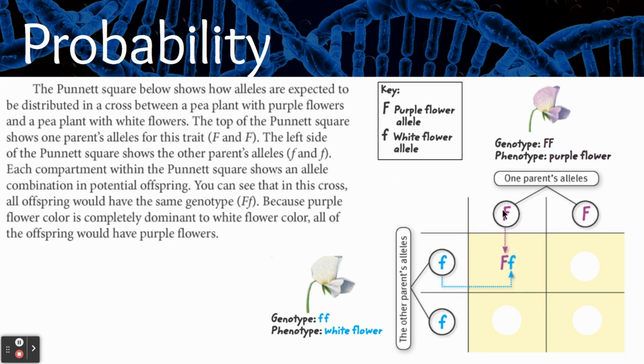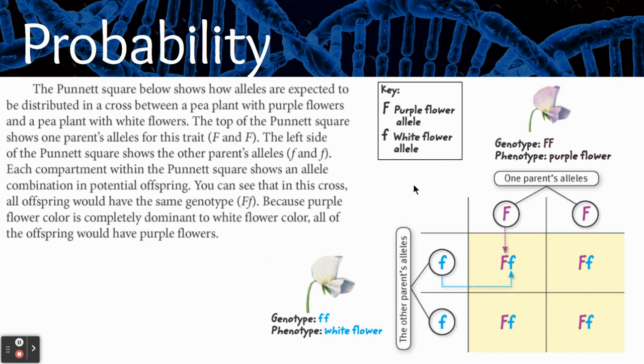We're going to take the letters and combine them together. They could inherit this parent's dominant allele and this parent's recessive allele and have one of each. This one and this one would make the same exact thing. This one and this one, same. And finally, this one and this one, same.